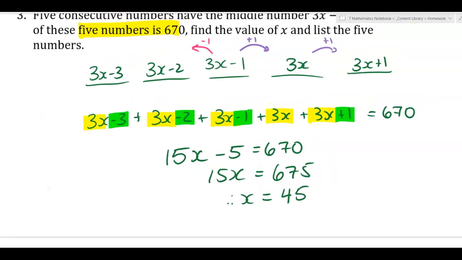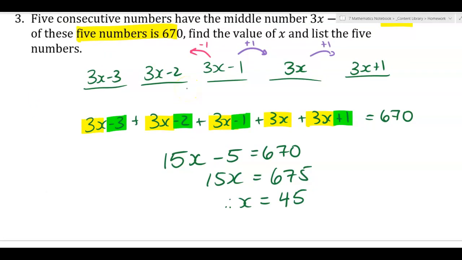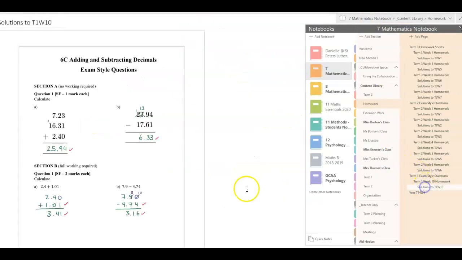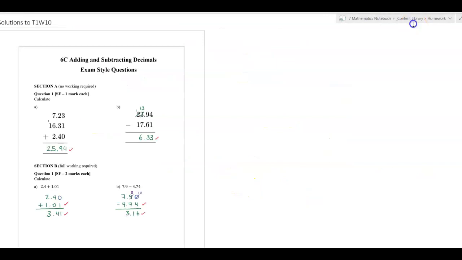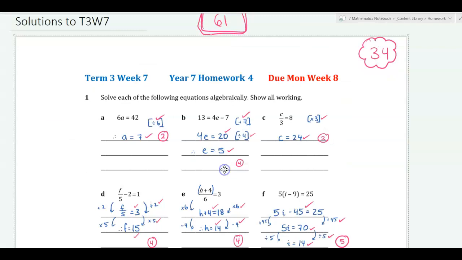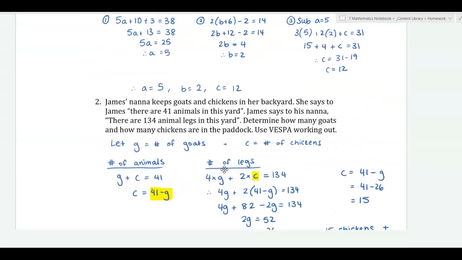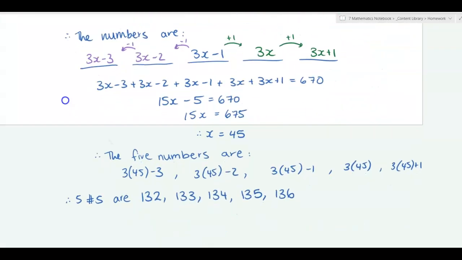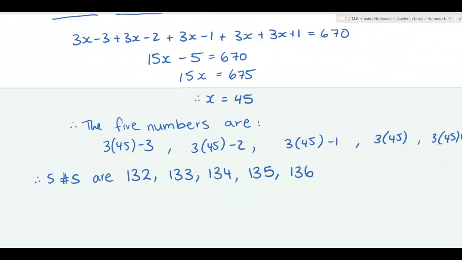And then the last step is to go back and find those numbers. That's a CU question. But it is not a hard CU question. So the answer was, in the end, 132, 133, 134, 135, and 136.